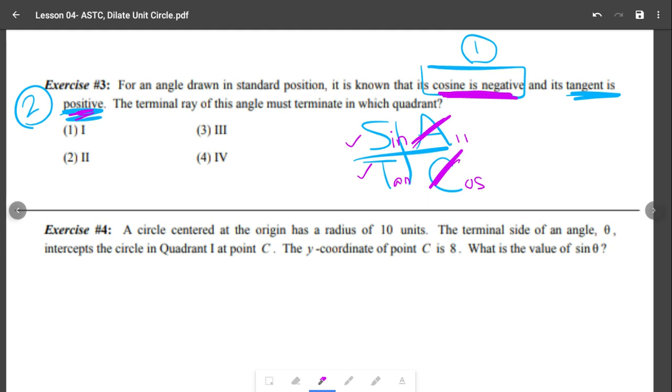So based on the two quadrants I have left here, quadrants 2 and 3, I want tangent to be positive. Well, this chart tells me who is positive in each. So if I want tangent to be positive, it means I need to be in the quadrant with the T in it. So that is quadrant 3. So I am answer choice 3.